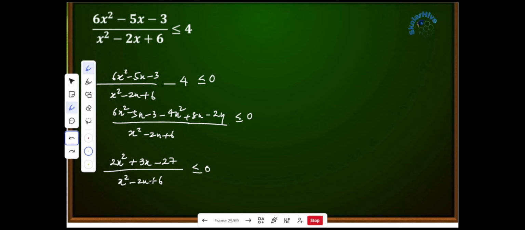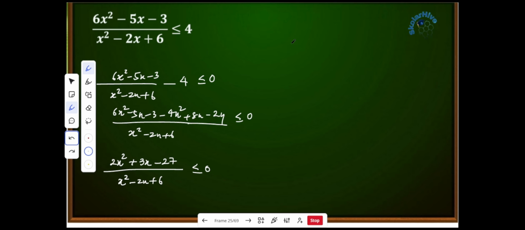Now factorize both numerator and denominator. Here we have the middle term 3x, so by splitting the middle term, we have to check that if we split this number into two parts, the product of those two should be the product of the coefficient of x² and the constant. The product of 27 and 2 is 54, so we need to split this number in such a way that their sum is +3 and their product is −54.